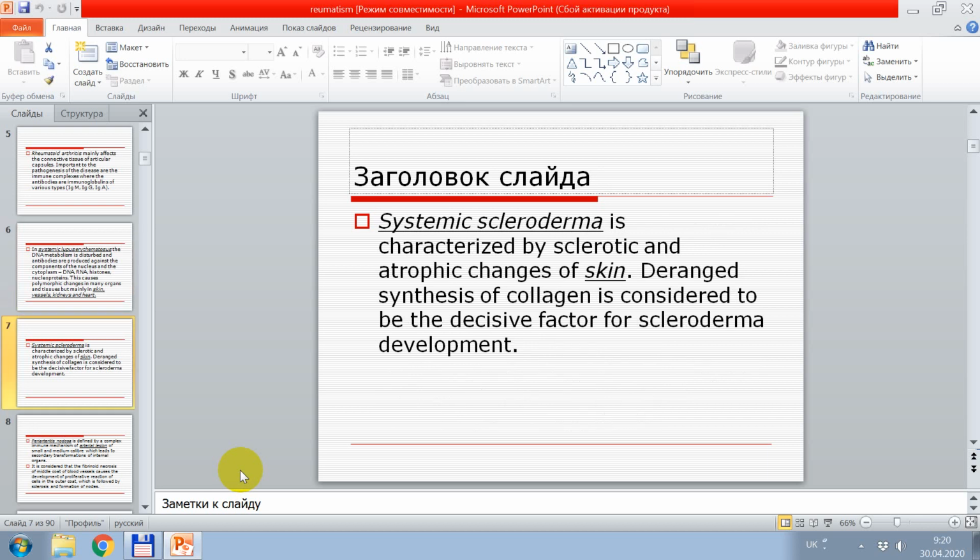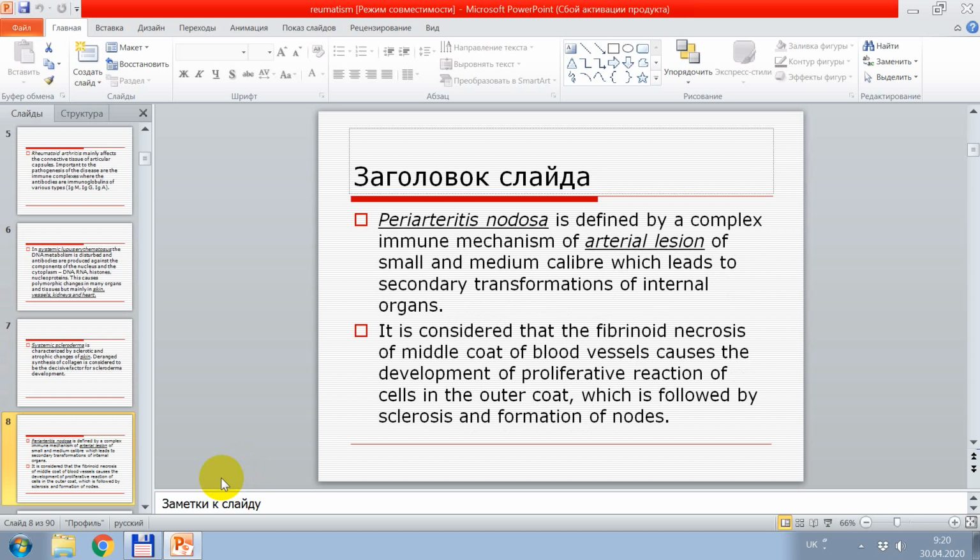Systemic scleroderma is characterized by sclerotic and atrophic change of skin. The rate of synthesis of collagen is considered to be a decisive factor for scleroderma development. Periarteritis nodosa is defined by a complex immune mechanism of arterial lesion of small and medium caliber, which leads to secondary transformation of internal organs.